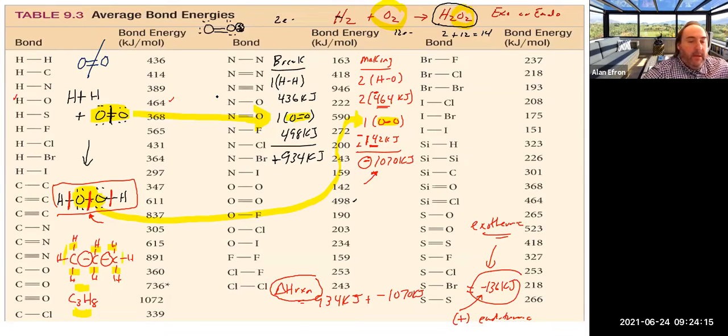Okay. So again, like I said, this is probably as deep as we will go into any type of energy calculations. But it'll be in this relationship here in terms of bond enthalpy.